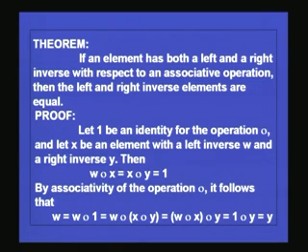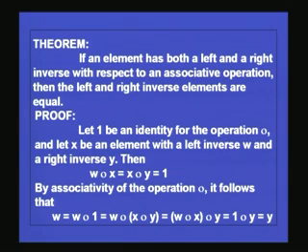How do we prove that? A similar result we have proved in the case of inverse functions. If you remember, we considered the left inverse of a function and the right inverse of a function and showed that they are equal. This proof is also similar to that.